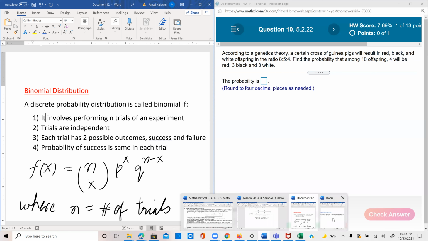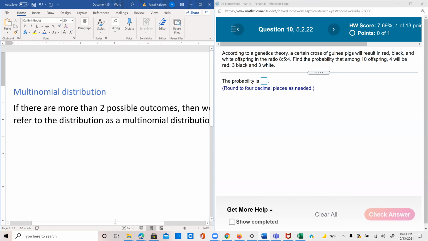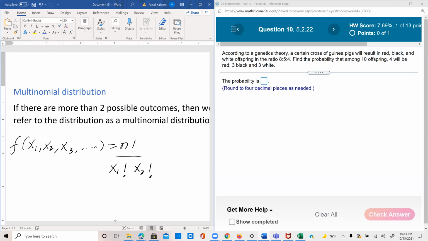And so the formula for multinomial would be f of x1, x2, x3, and so on, would be n factorial divided by x1 factorial, x2 factorial, x3 factorial, and so on.